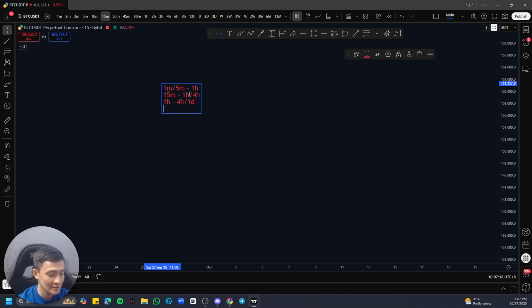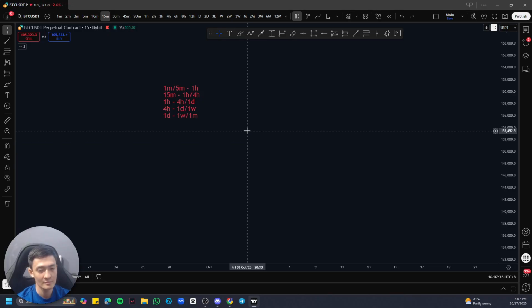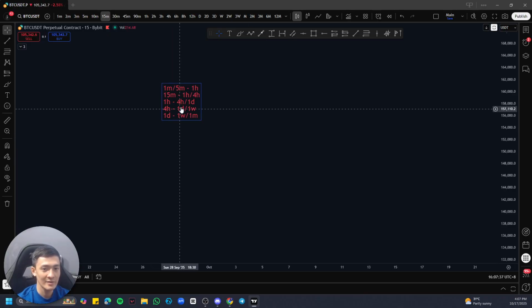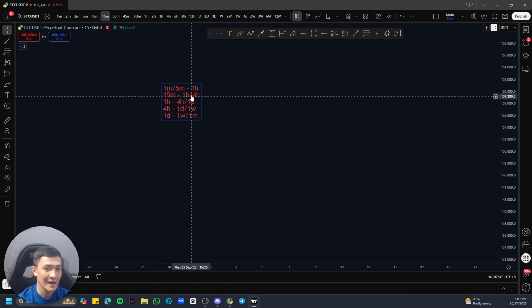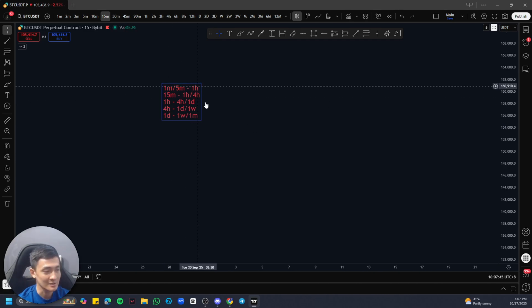If we're trading on the 4-hour time frame, then we want to look at the 1 day or even 1 week time frame. And if we're trading on the 1 day time frame, then we want to look at the 1 week or 1 month time frame. Smaller time frame is usually where you look for your entries, where you execute your trades. Higher time frame is where you get that alignment.